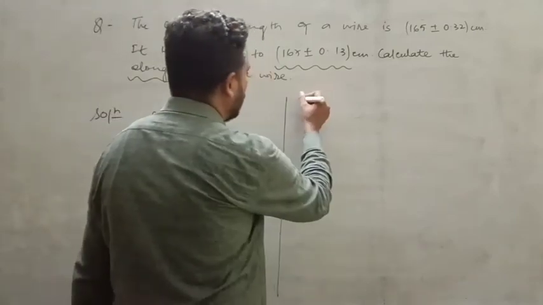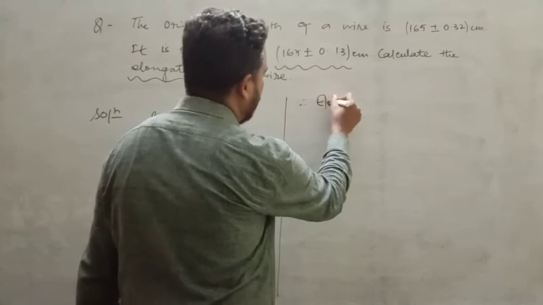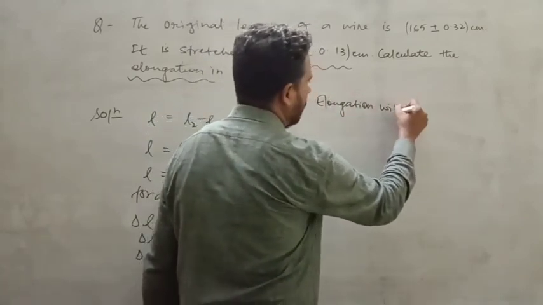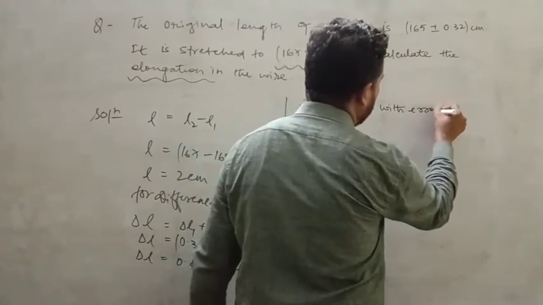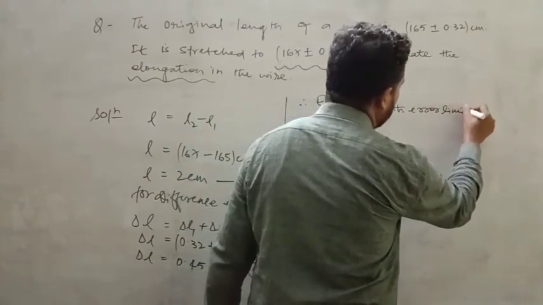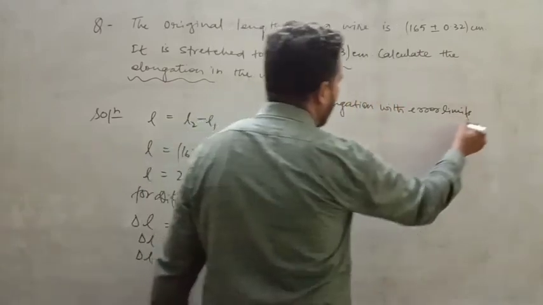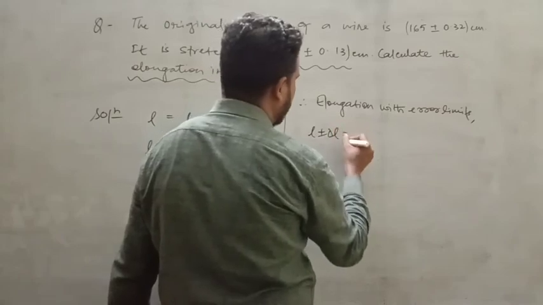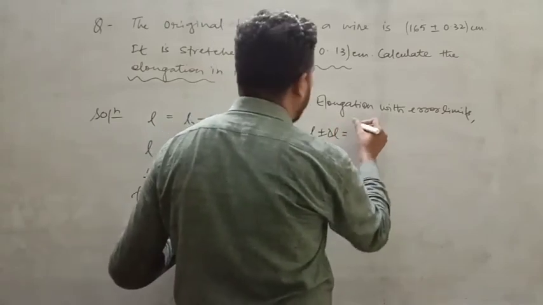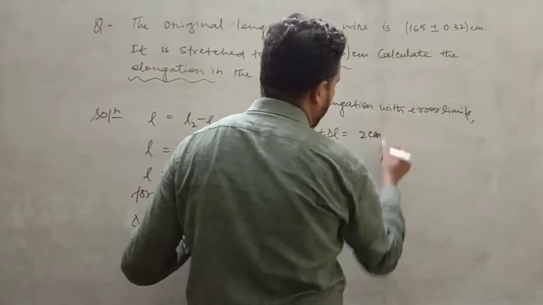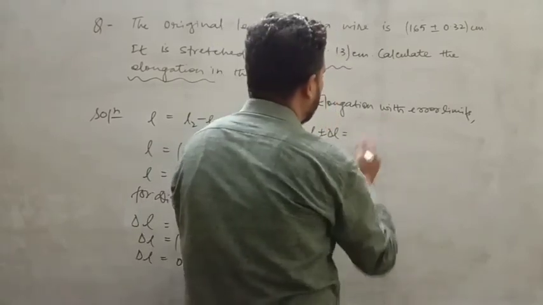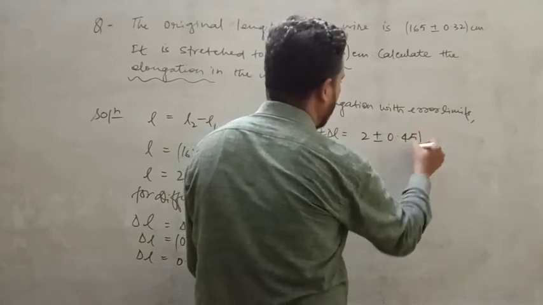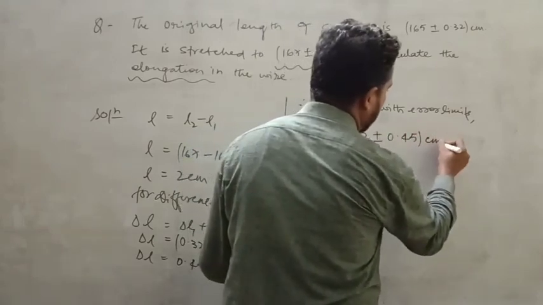Then you have to take the elongation with error limits. So the elongation with error limits is L plus minus delta L. Write down L as 2 centimeter: 2 plus minus 0.45 centimeter, and this is your answer.